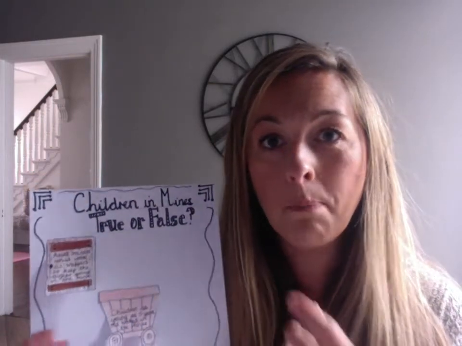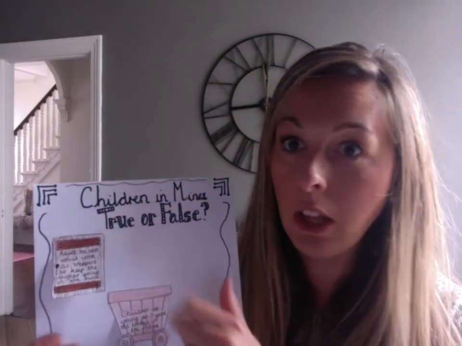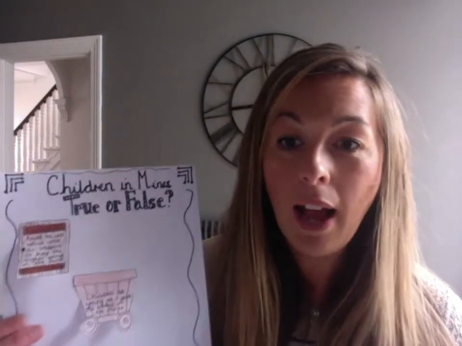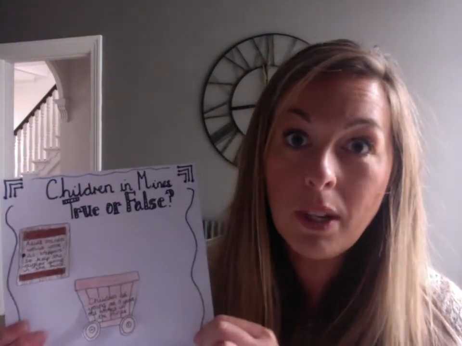Okay, you need to make sure that you draw objects that are big enough to contain a fact, okay, and that are big enough to be able to hide the answer underneath. So you will draw your object and write the fact on a different piece of paper, and then you'll cut it out and glue it onto your piece of card or your other piece of paper.